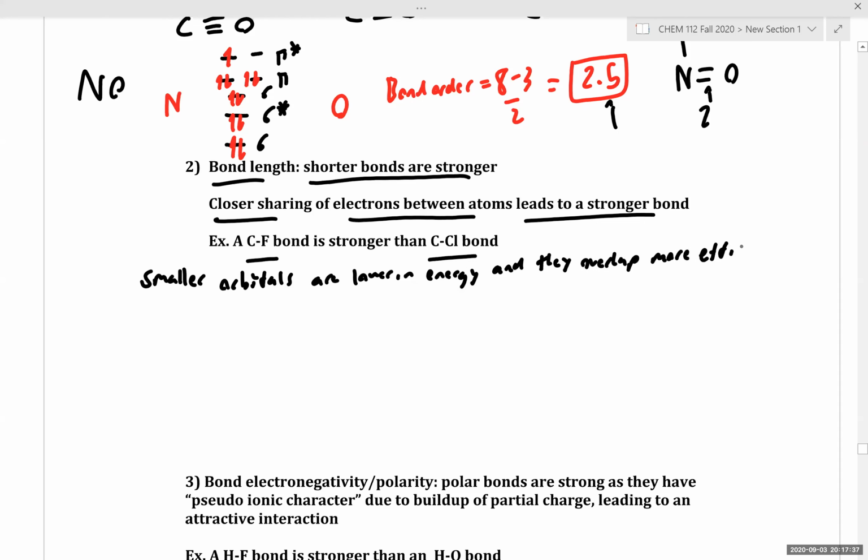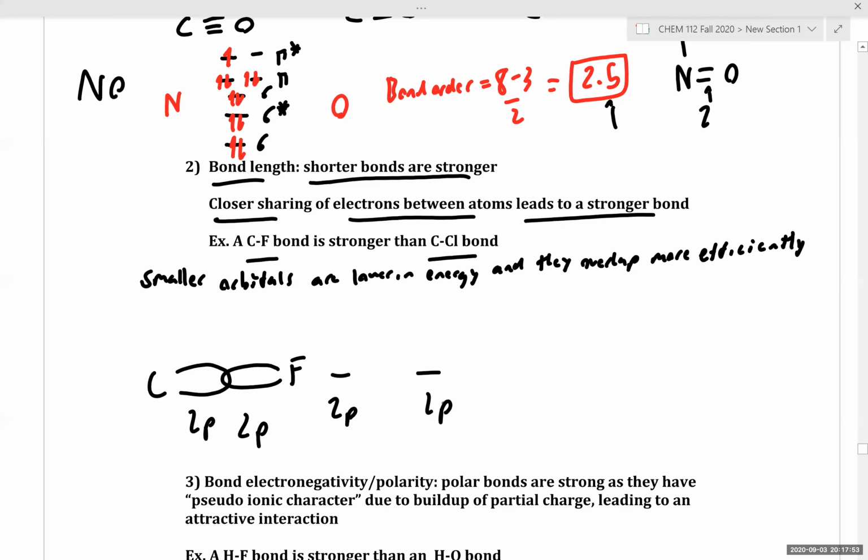So just to show this, if we have a carbon overlapping with a fluorine 2p orbital, let me just write the carbon orbital as an sp3, just as an example. There's no particular reason why I chose an sp3. This is just an arbitrary carbon orbital. We're really focusing on the fluorine here.